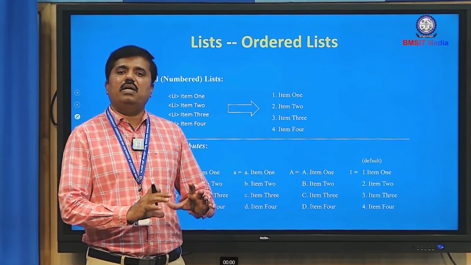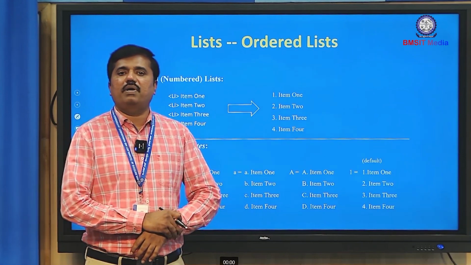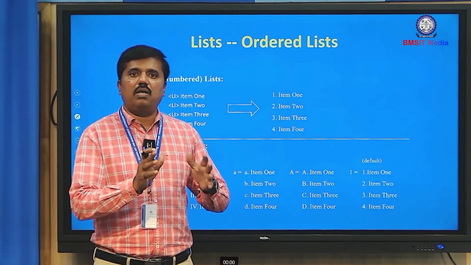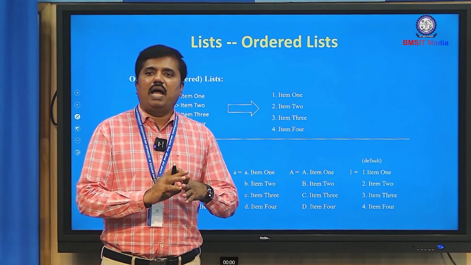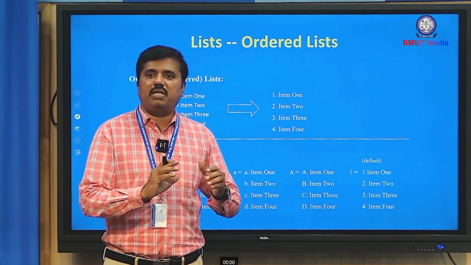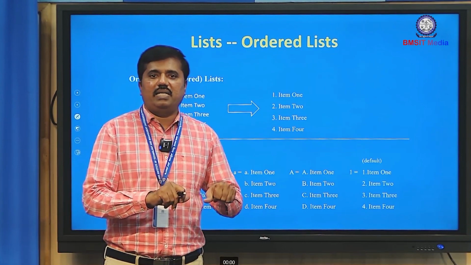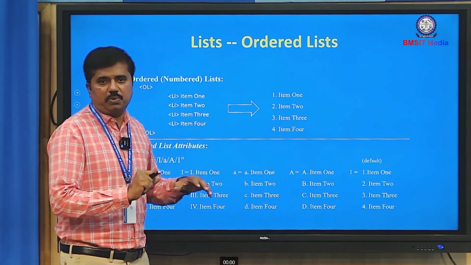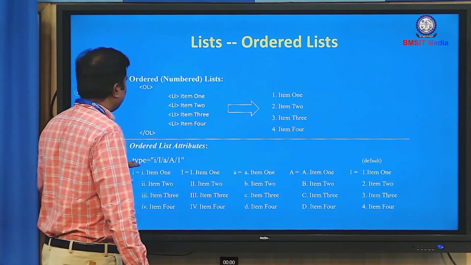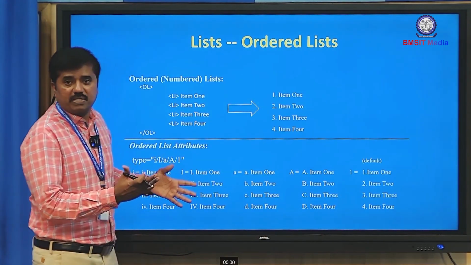So how to write the different tags in HTML for an ordered list? For an ordered list, the tag is OL ended with /OL, and again the list items are written in LI. These indicate a list. And what are those attributes? What are the different ways you could represent it?